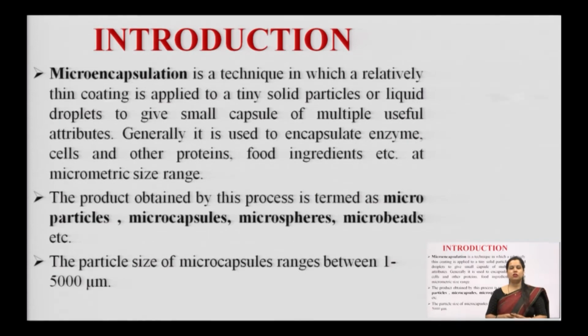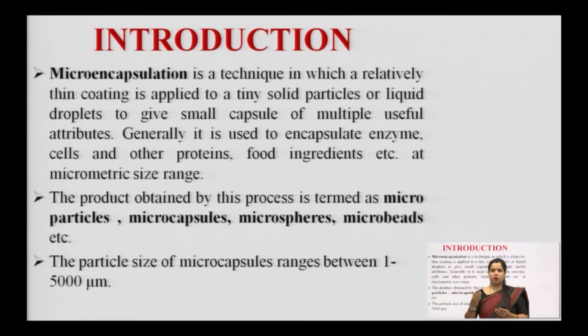So, as you can see on the slides, microencapsulation is a technique in which a relatively thin coating is applied to tiny solid particles or liquid droplets to give a small capsule of multiple useful attributes. This means a small polymer coating is applied onto a core particle, be it solid or in liquid phase.